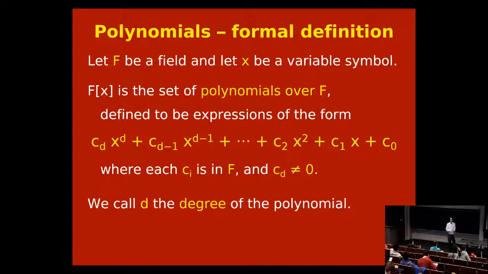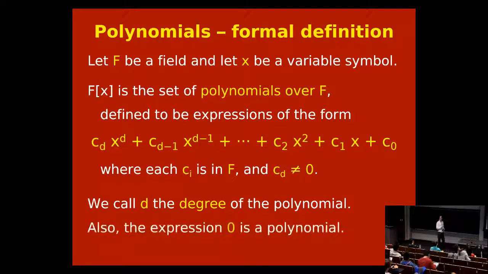Is that OK? Now, if you have an extremely logical mind and you look at everything that I've said so far, then I'm missing one polynomial, because I also let the expression that's just 0 be a polynomial. That's a popular polynomial, the polynomial that's just 0. And its top coefficient is not non-zero, because everything is 0.